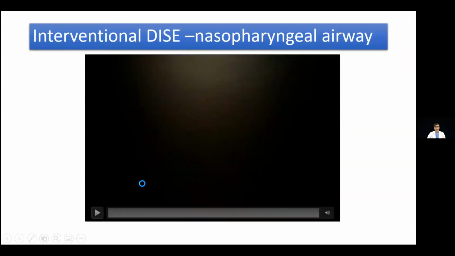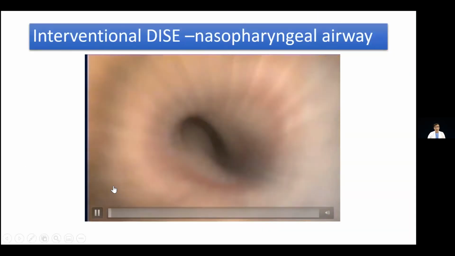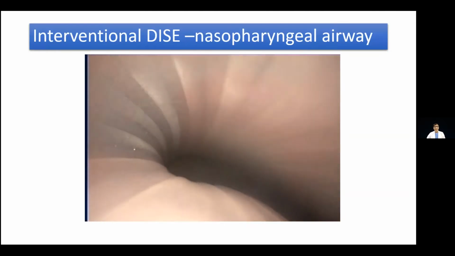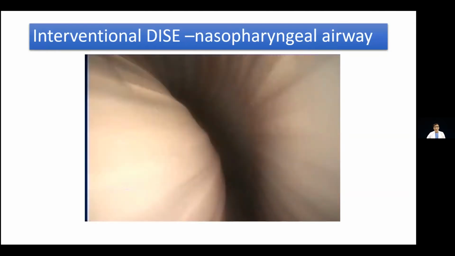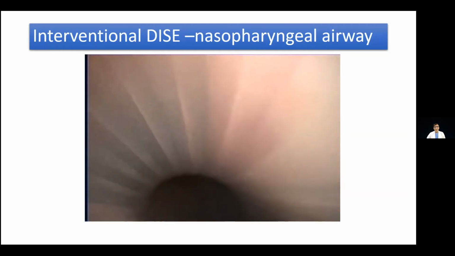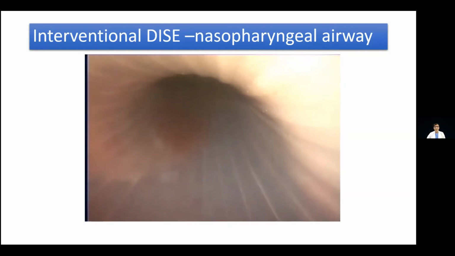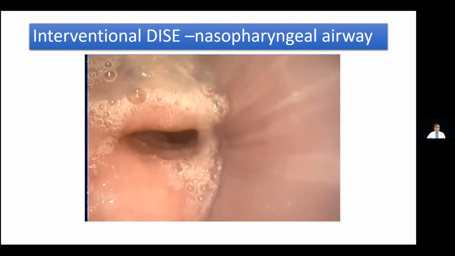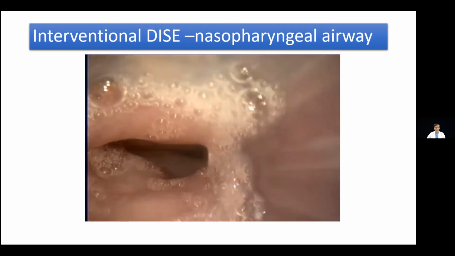This is a trick that you can all use. It's called the mesopharyngeal airway while you're doing DICE, to see if correcting the proximal obstructions, especially at the level of the nose and the palate, can improve the obstruction lower down.